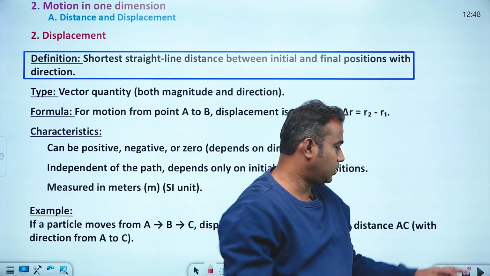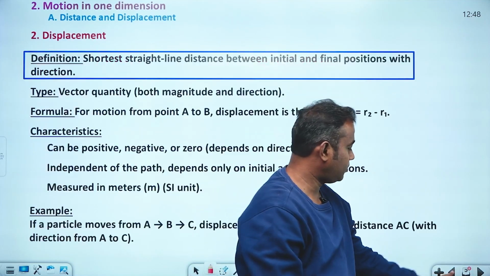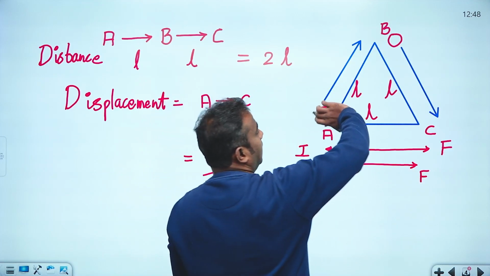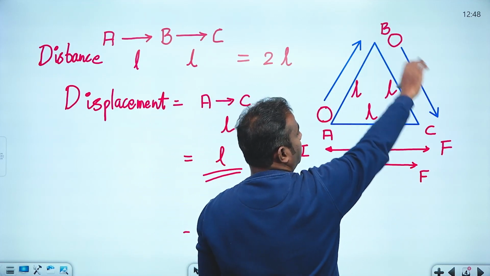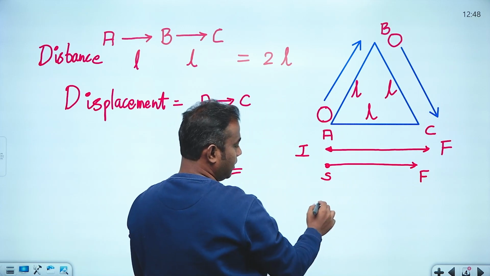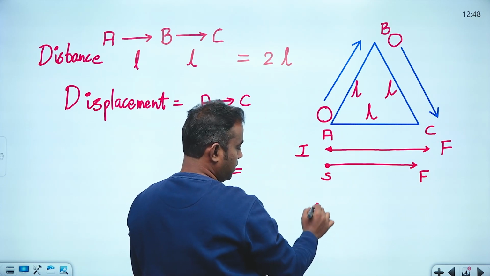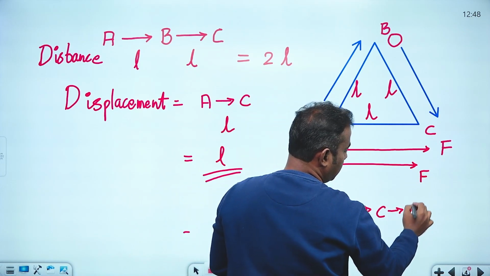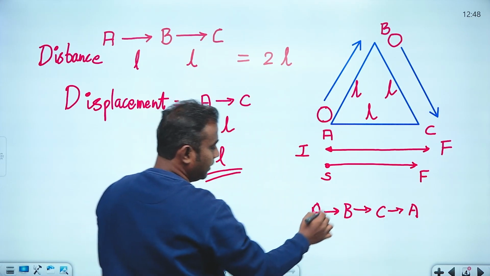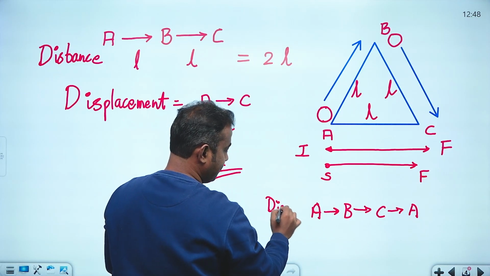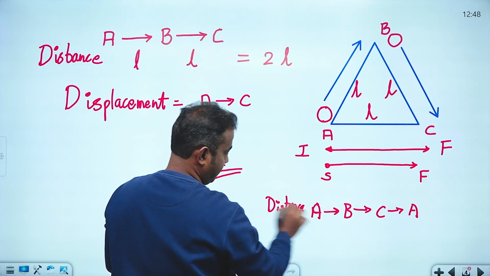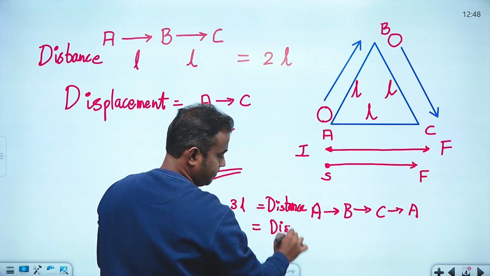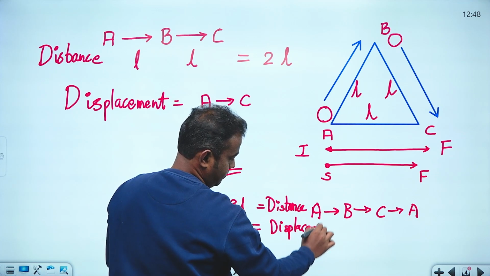Why it can be negative or zero is this: in the same case, if the object moved from A to B, B to C, and again returns from C to A, then for this the distance is 3 times L, whereas the displacement becomes 0.